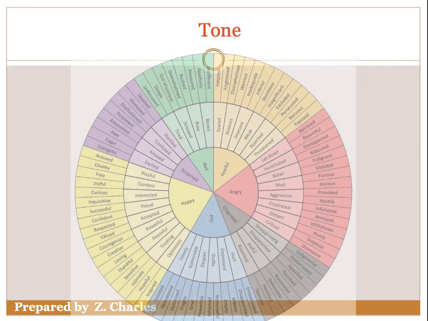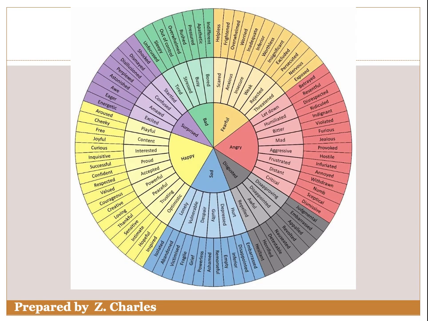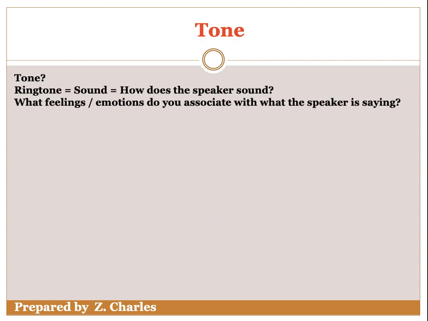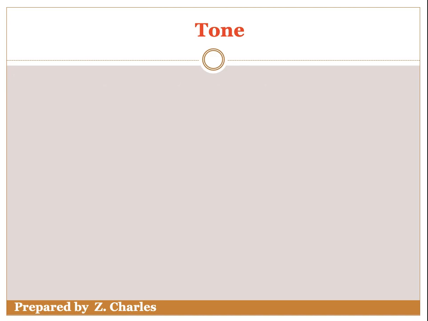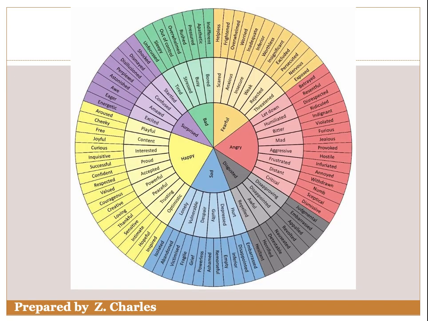Okay, let's look at tone. Tone, think of ringtone. A ringtone has a sound. How does the speaker sound? What feelings, emotions do you associate with what the speaker is saying? Maybe you want to take a pause here.